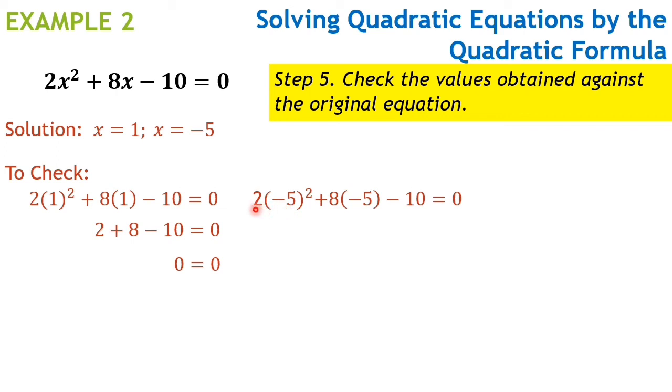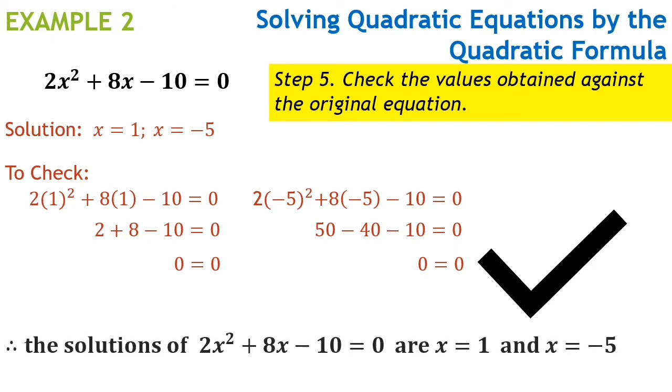Times 2, it will be 50. Here, 8 times negative 5 is negative 40. So the equation will be 50 minus 40 minus 10 is equal to 0. Combining those numbers, that will become 0 is equal to 0. So that is true.